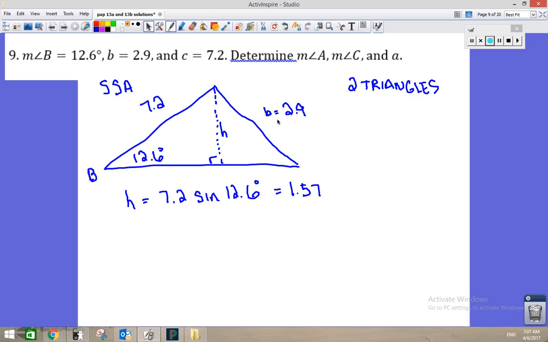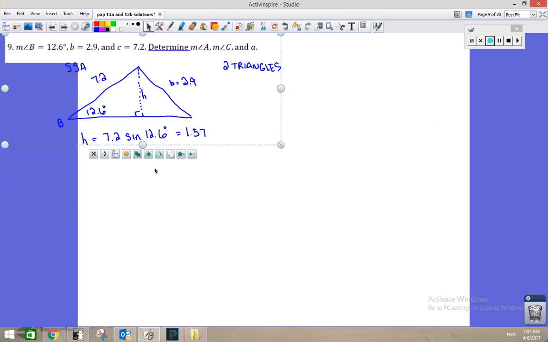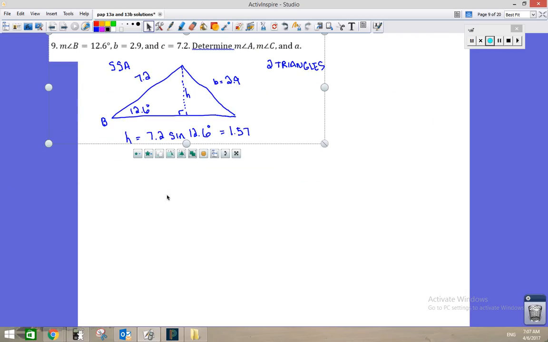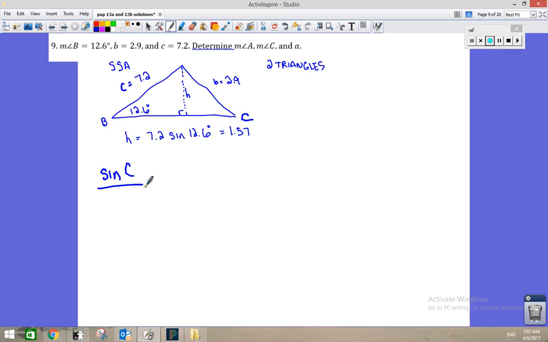Alright, so let's jump in and find the first triangle. We'll start with finding the measure of angle C. So we'll have the sine of angle C divided by the length of C, and that's going to be the sine of 12.6 divided by 2.9.